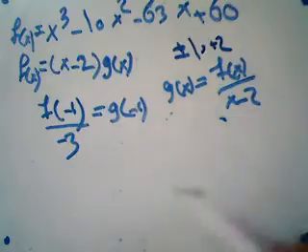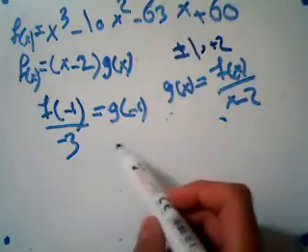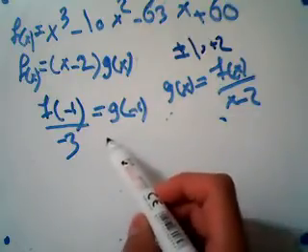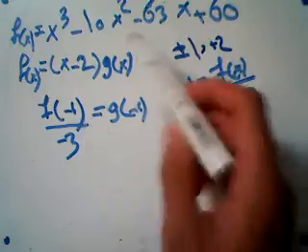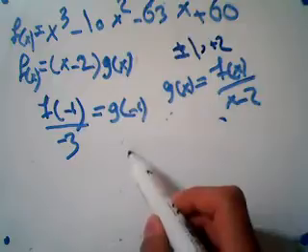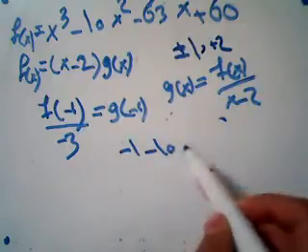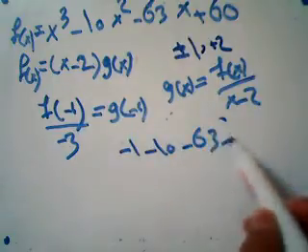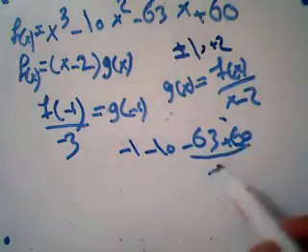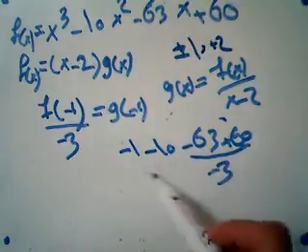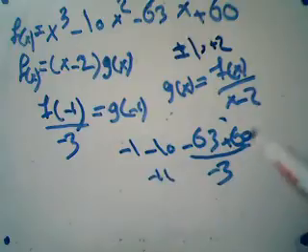So let's check if it is true here. What is f of minus 1? It is minus 1 minus 10 minus this plus this. Okay, this is minus 3, this is minus 11, and it is not divisible by 3.